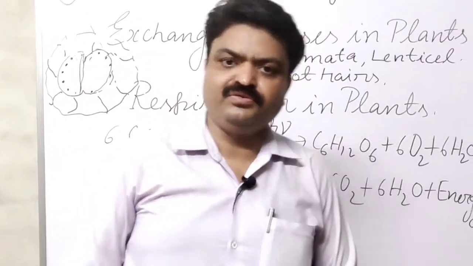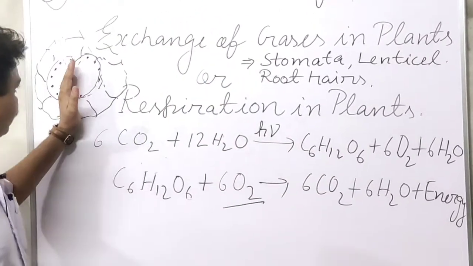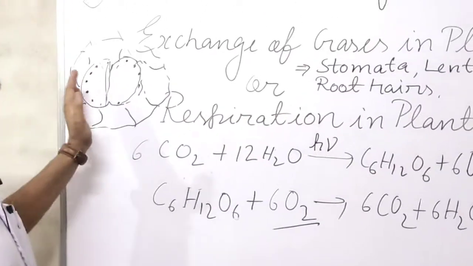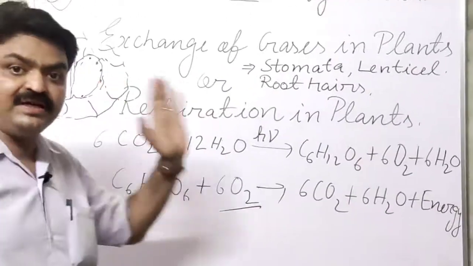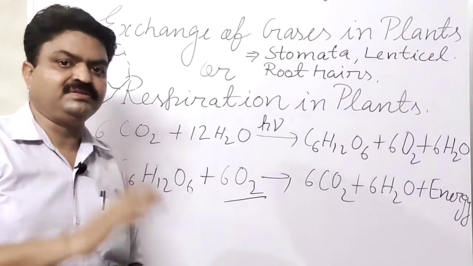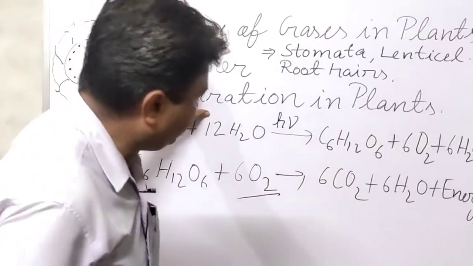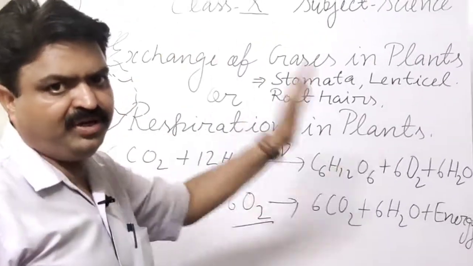It is diffusion. And in the opening and closing of the stomata, which part helps? That is the guard cells, students, guard cells. So that was about the exchange of gases, respiration in plants, and opening and closing of stomata.